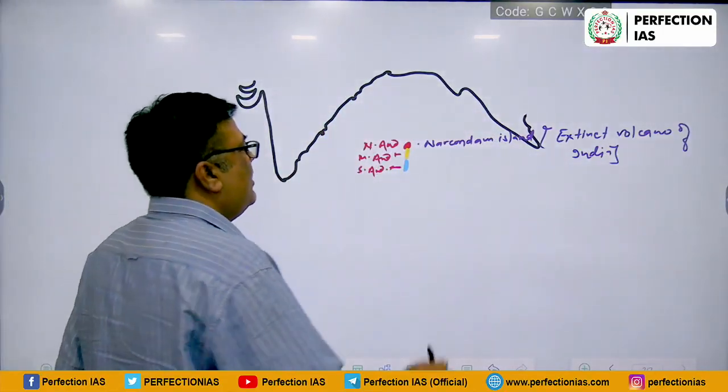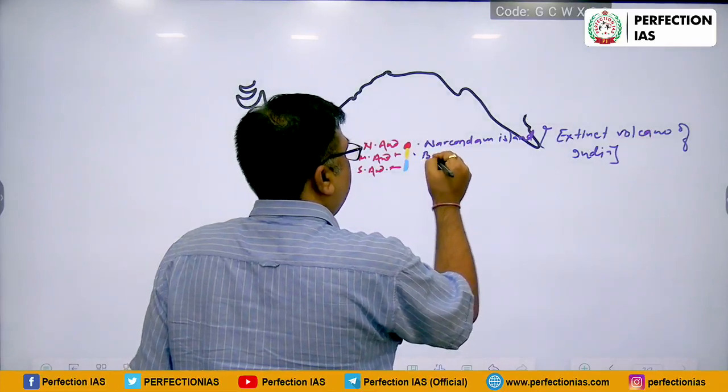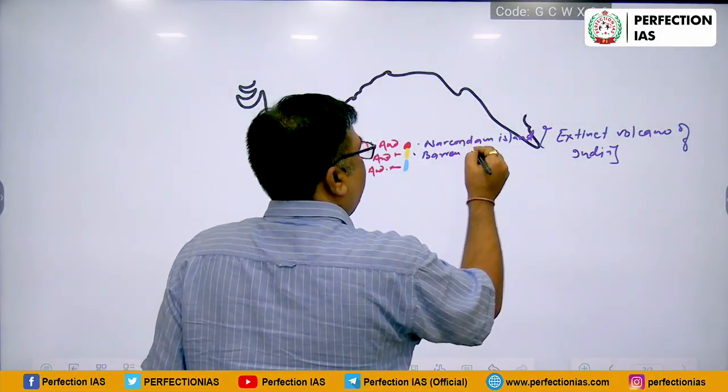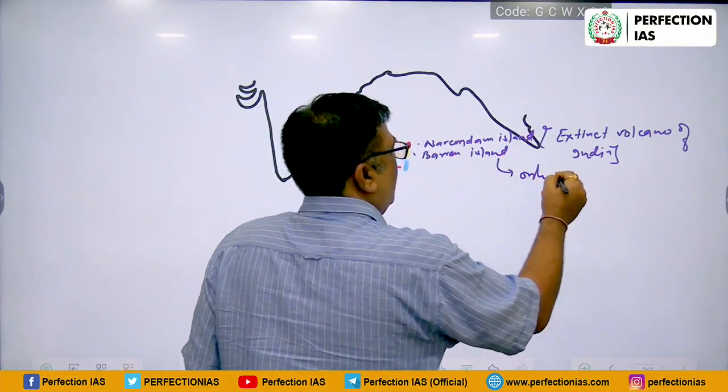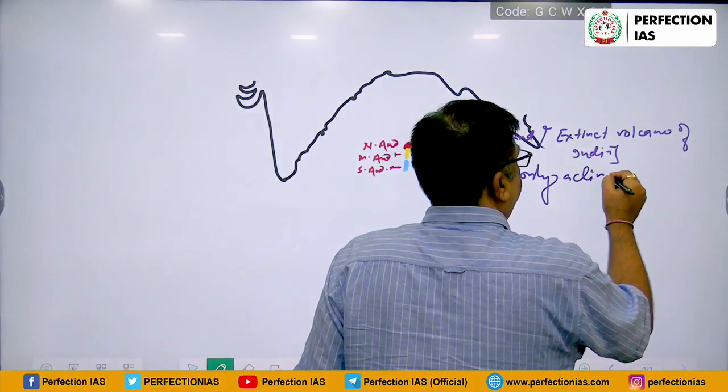What is in Middle Andaman? Then here there is Barren Island, and that is the only active volcano of India.